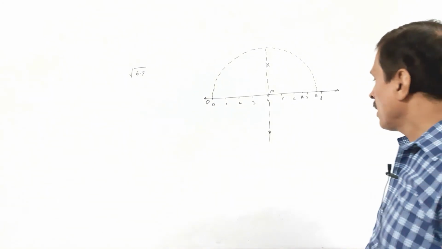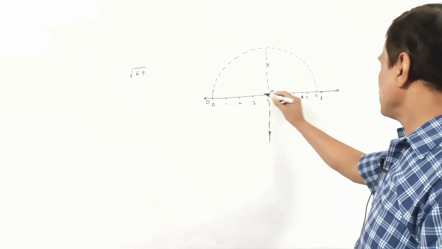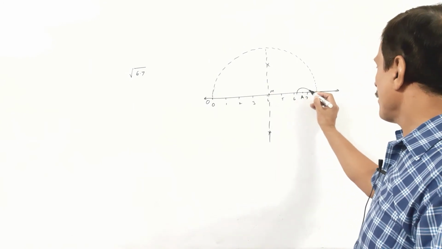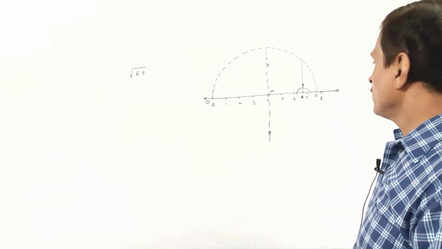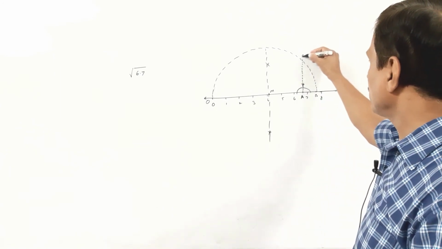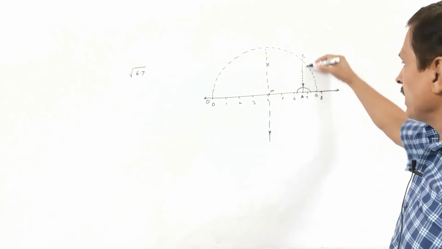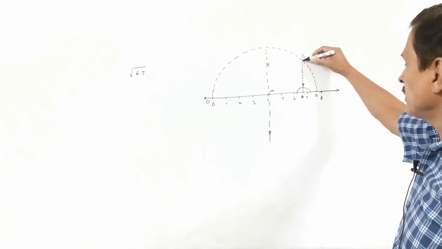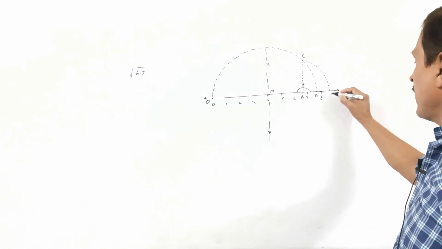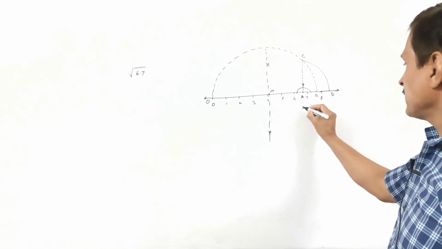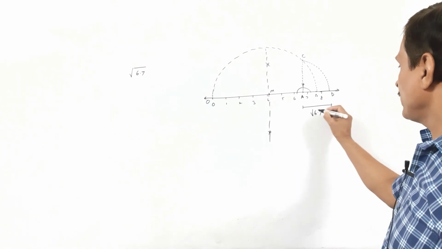Now at A we will draw perpendicular to this line, intersecting the semicircle at point C. Now taking A as center, radius equal to AC, we draw an arc intersecting the line at point D. This AD is of length root 6.7.